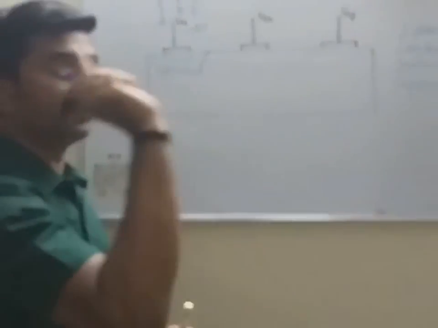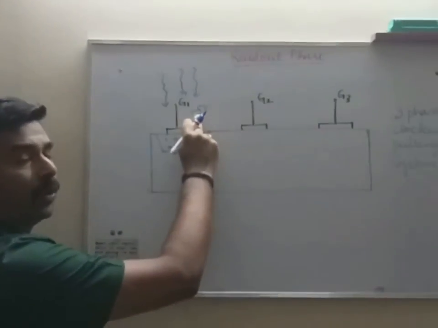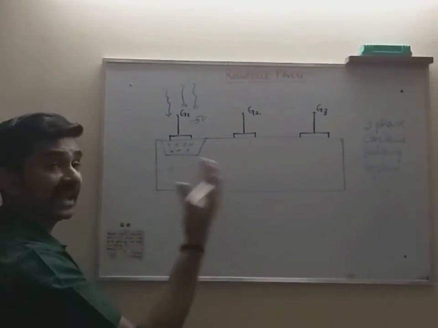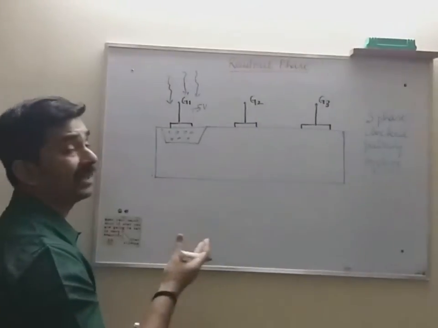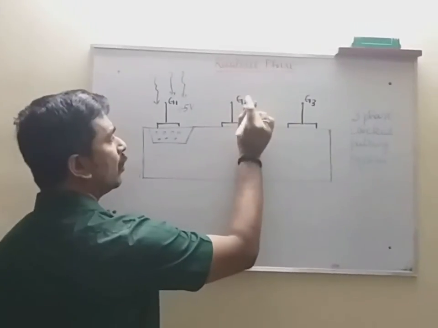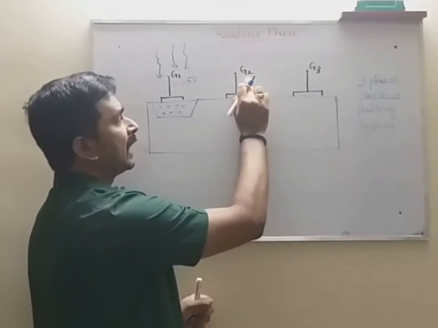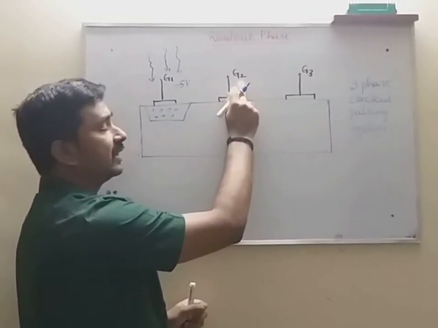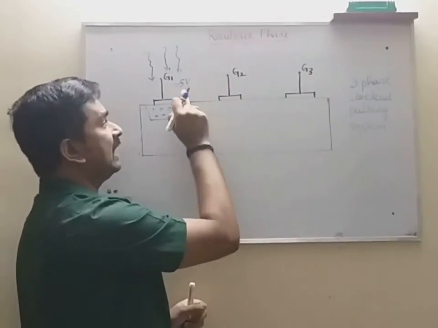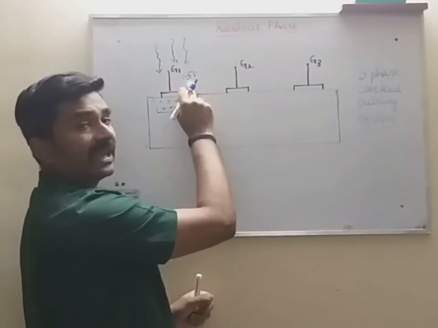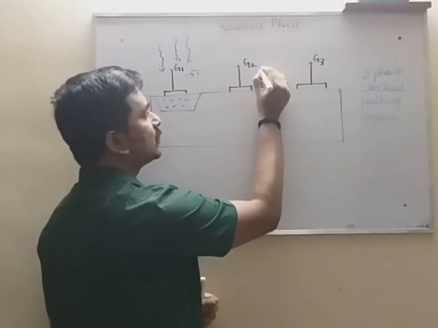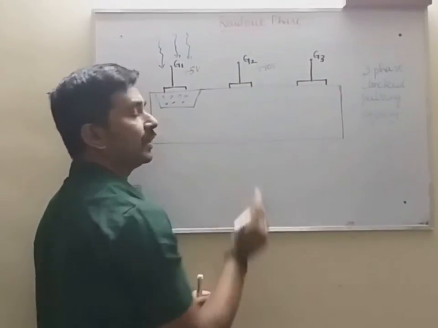In the first phase I have given the voltage to be 5 volts. In the second phase, we give a voltage to this electrode whose magnitude is greater than the voltage given to gate 1, which means I assume I have given 10 volts.